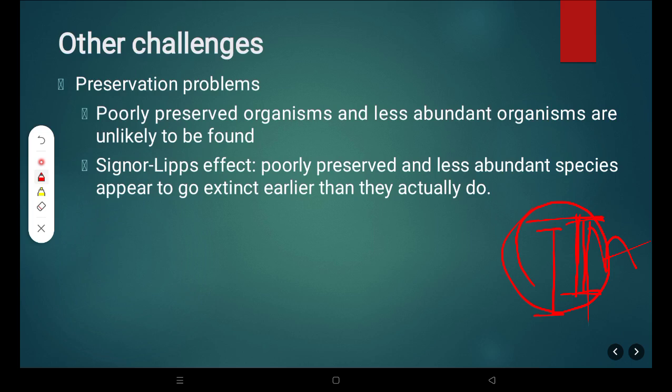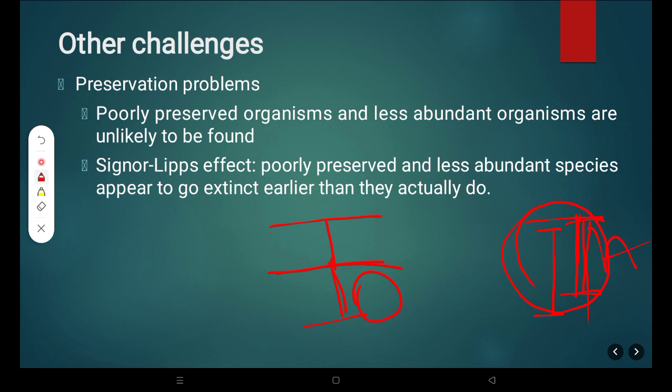This is the signor-lipps effect. Poorly preserved fossils, less abundant species appear to go extinct, as I have told. Suppose one foraminifera has a very fragile shell. In the upper part we are getting it, but as we go to the lower part, we are not getting it because it cannot be preserved for a very long time.